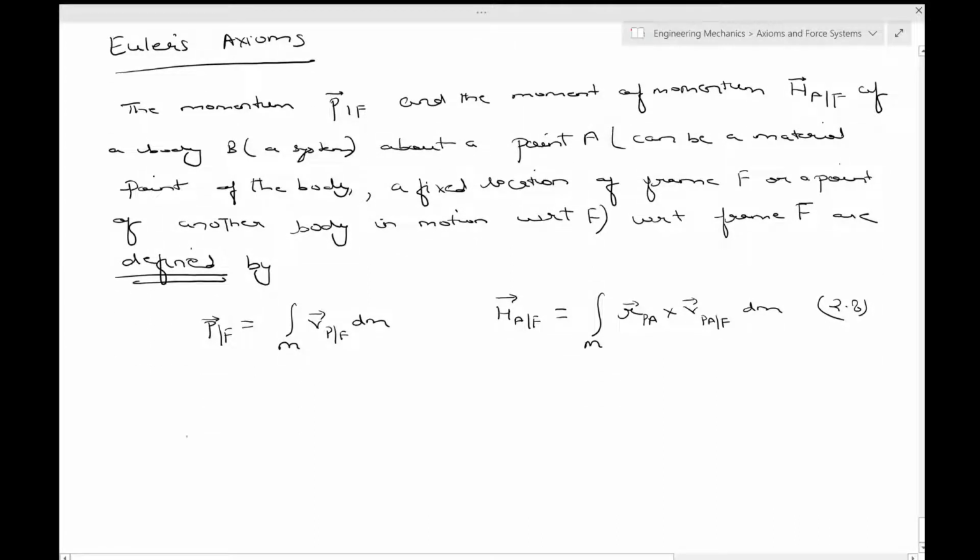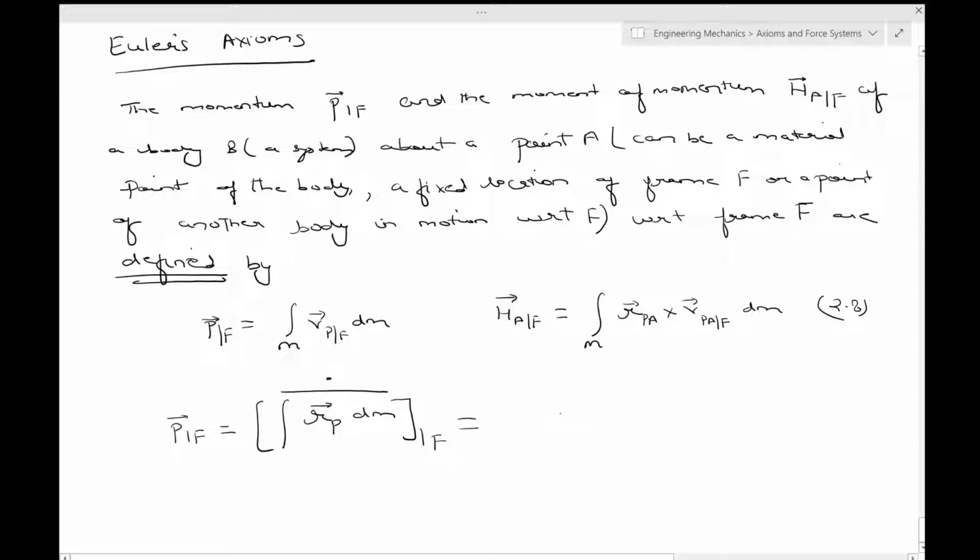So one can also write the momentum as the time derivative of this integral of R_P dm in the F frame. Okay, so this time derivative is in the F frame.